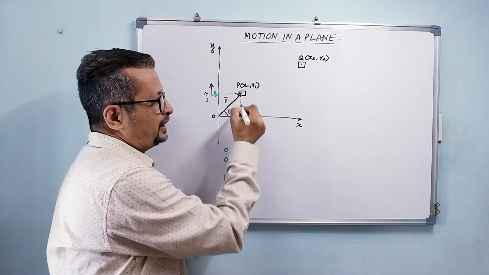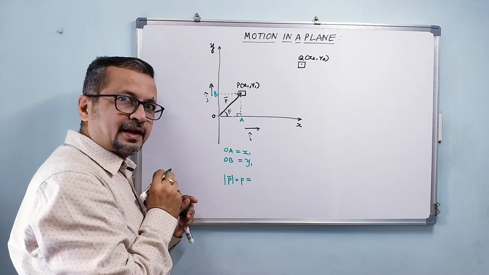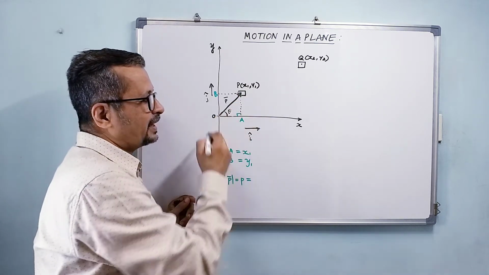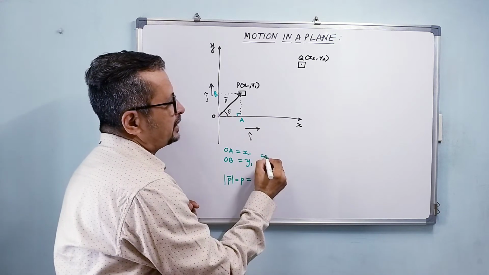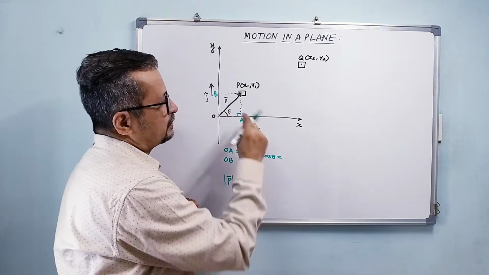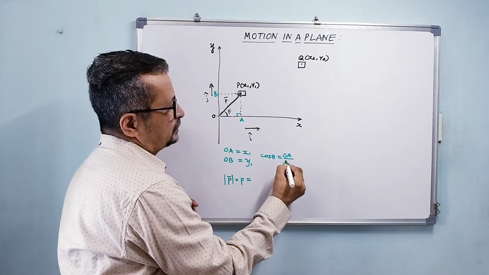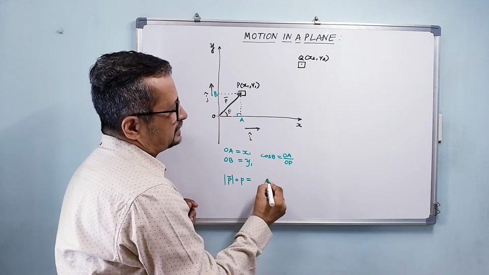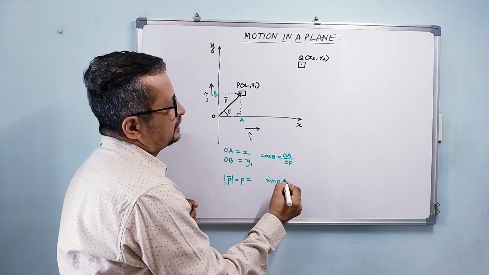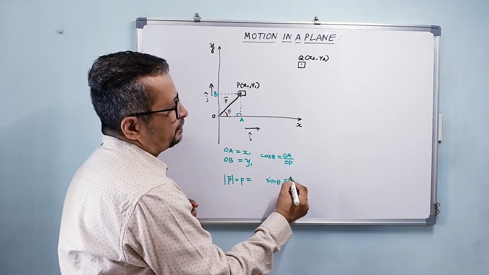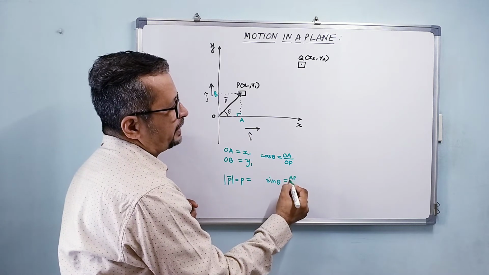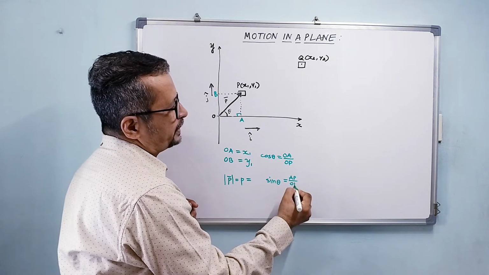Correct. So my PAO is a right angle triangle, and in this right angle triangle, cos theta is equal to OA upon OP, and sin theta is equal to PA or AP upon OP.